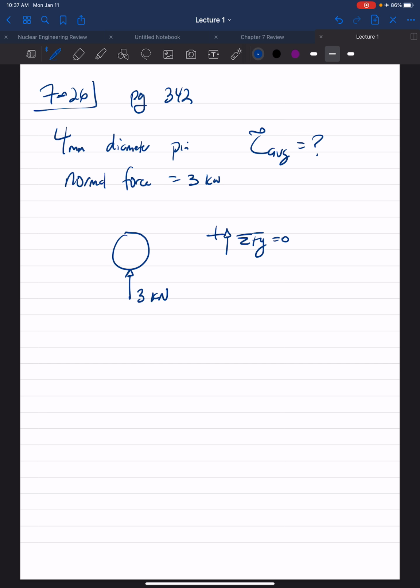So it looks like, let's say it's 2 leaves. We'll say this is the pin. And it has the 3 kilonewton force there. So then on both sides, we have our shear force V. So this is double shear.